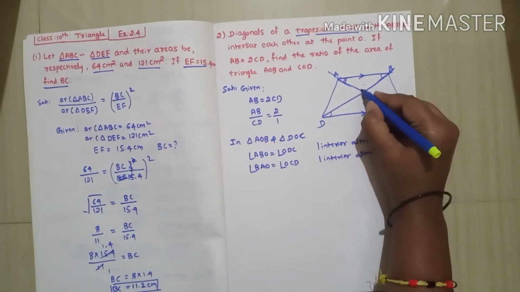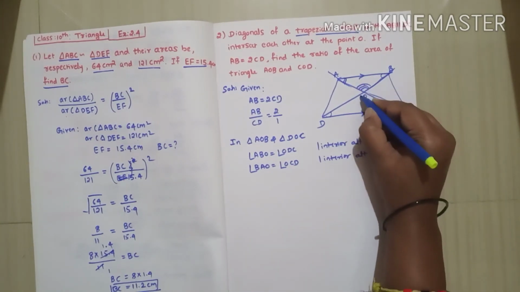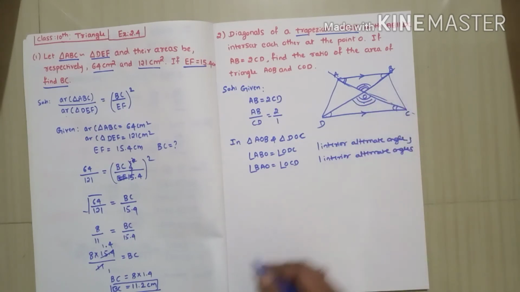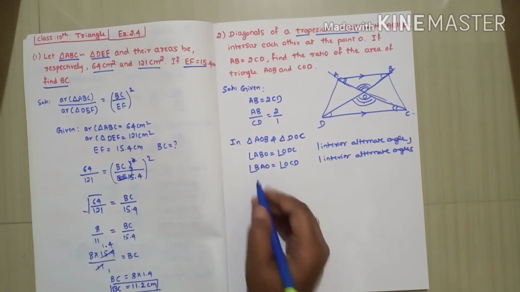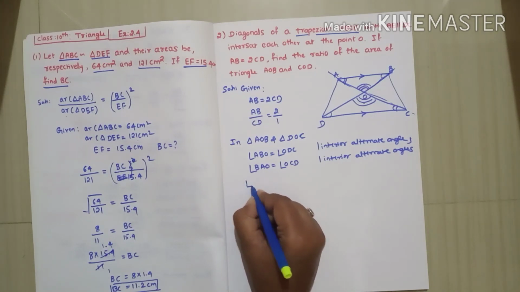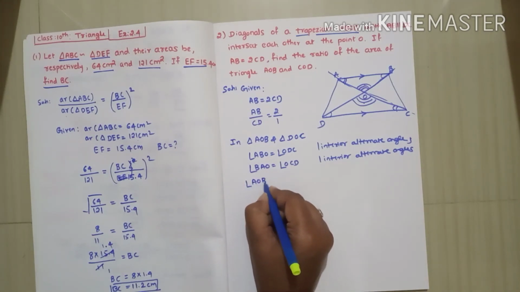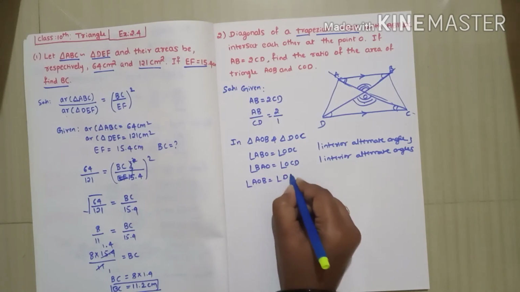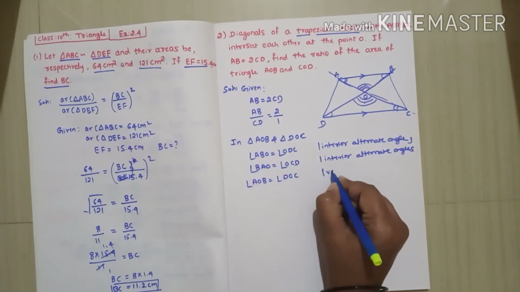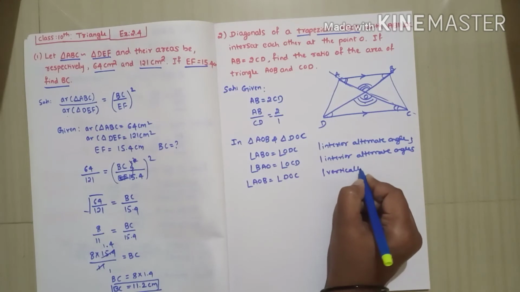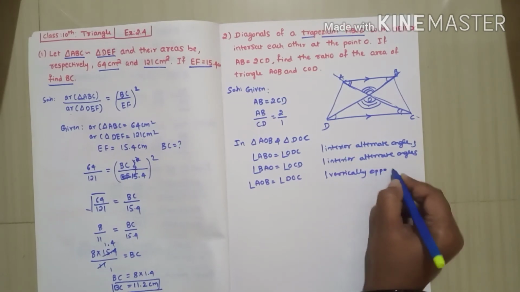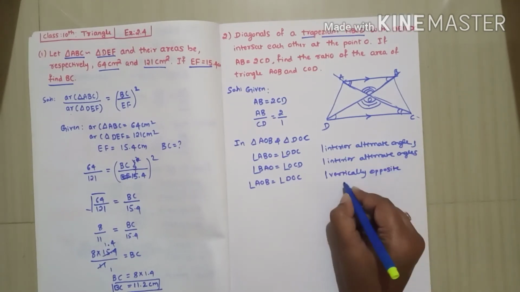Now these two angles, you see, these two are equal because they are vertically opposite angles. Therefore angle AOB is equal to angle DOC, vertically opposite angles.